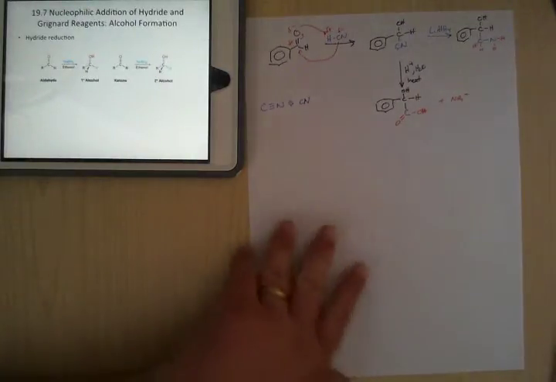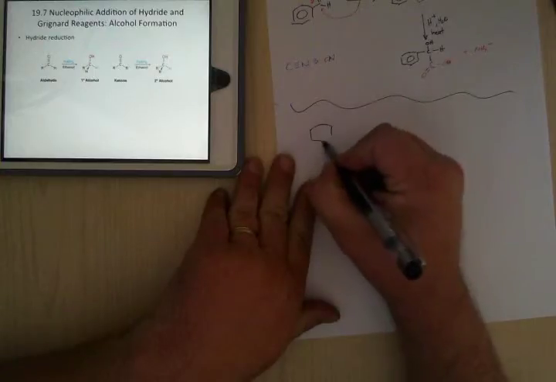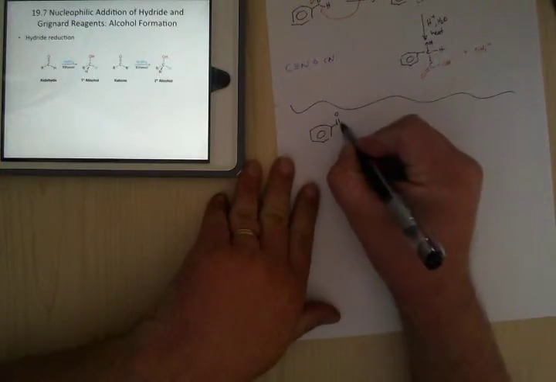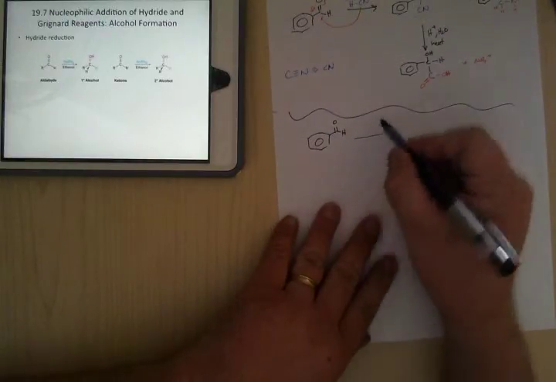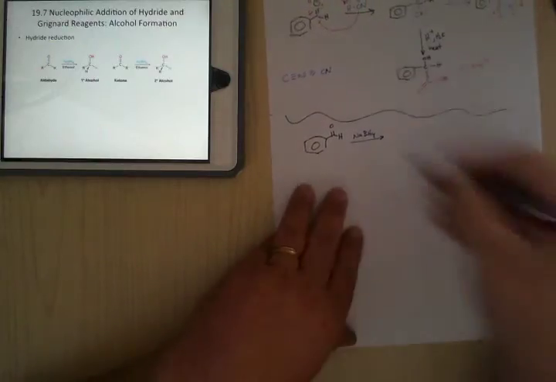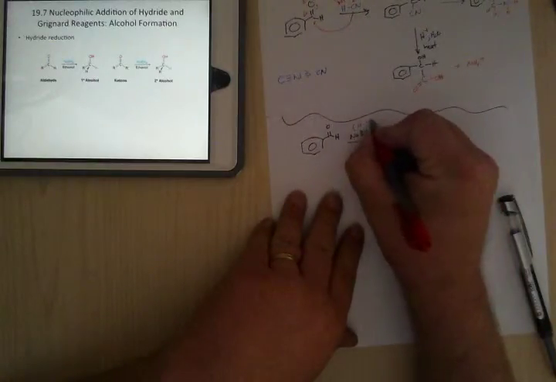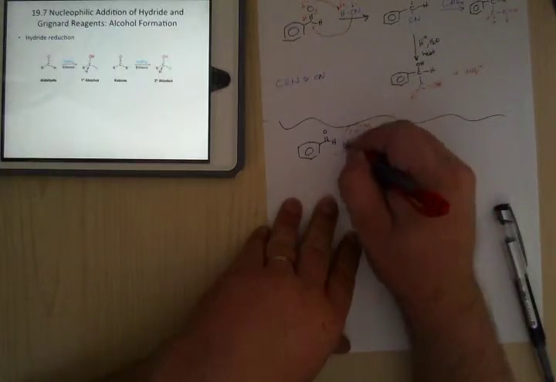Okay. So for a hydride, you're going to do the exact same reaction. We can't add NaH. That's actually a really crappy nucleophile. So what we do is we add sodium borohydride, but essentially this is just an H minus source. Again, you're going to get an attack there.